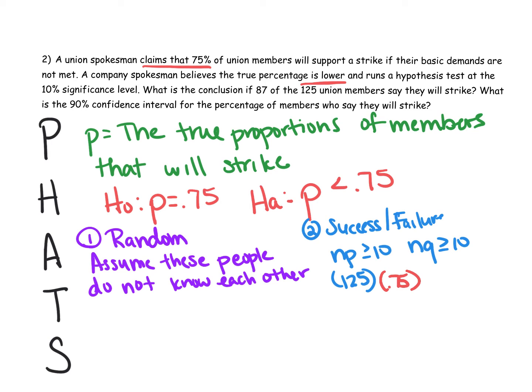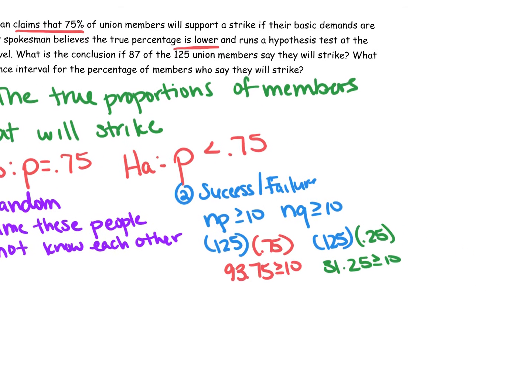If I multiply 125 times 0.75, I get 93.75, and that's greater than or equal to 10. My q is 0.25. When I multiply 125 times 0.25, I get 31.25, which is also greater than or equal to 10. So the success failure condition is met.